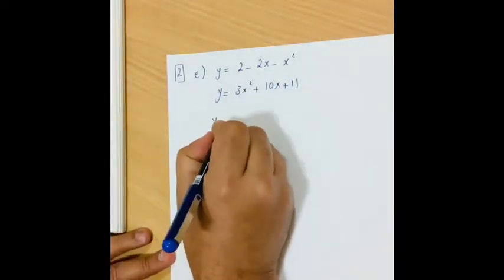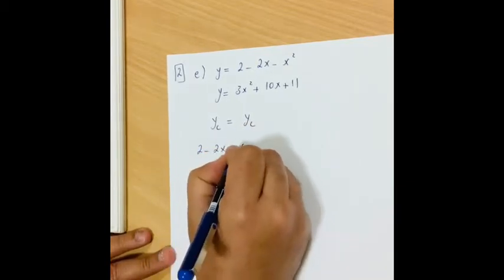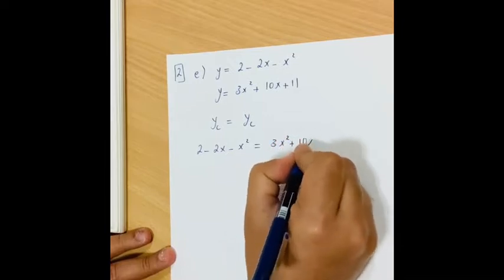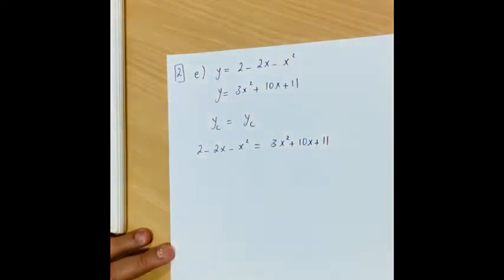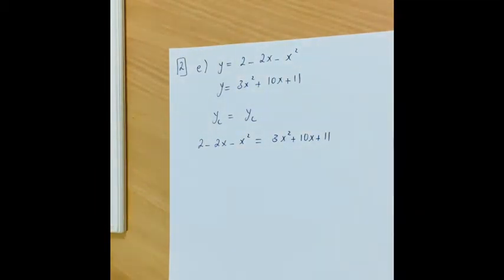Directly, y of the curve is equal to y of the curve. 2 minus 2x minus x squared equals 3x squared plus 10x plus 11. Then we're going to rearrange the terms and make the expression equal to 0.